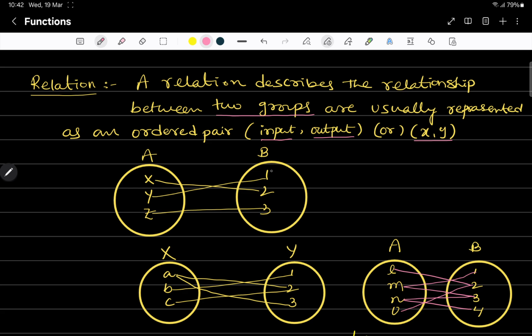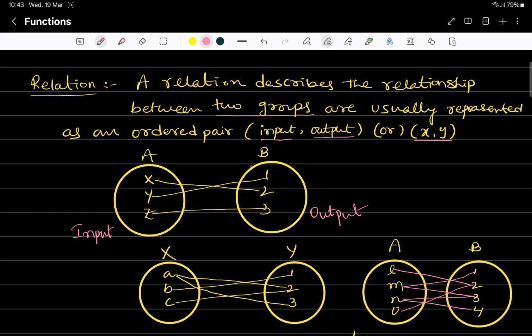One group is A and another group is B. This group A, I can say, is input, and group B, I can say, is output.